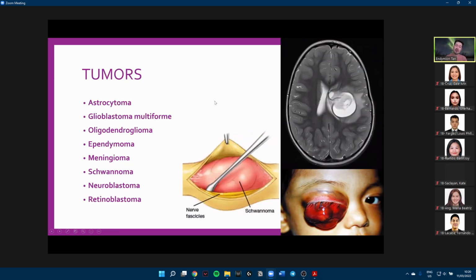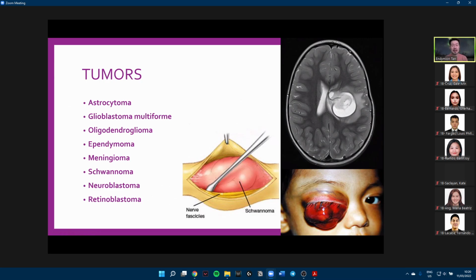Now let's move on. Some tumors or cancer or malignancies of the nervous system, most of them would arise from your glial cells or supporting cells, like your astrocytoma, glioblastoma multiforme, oligodendroglioma, ependymoma, meningioma, schwannoma. And most of these glial cell tumors are very, very aggressive if not treated.